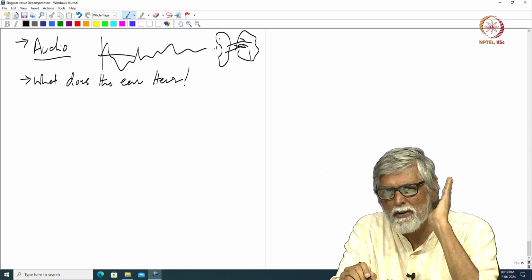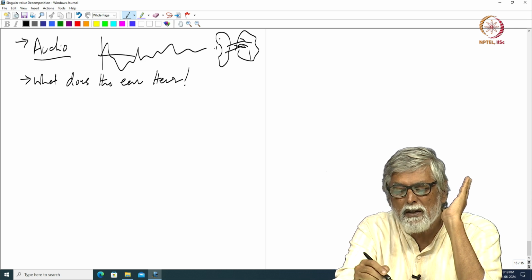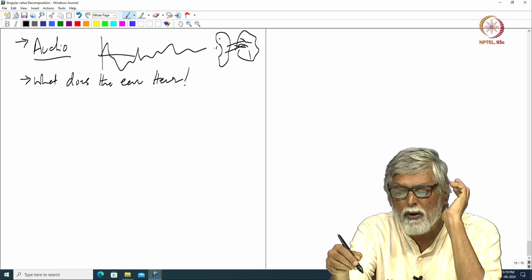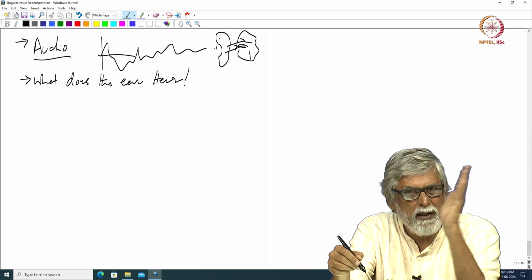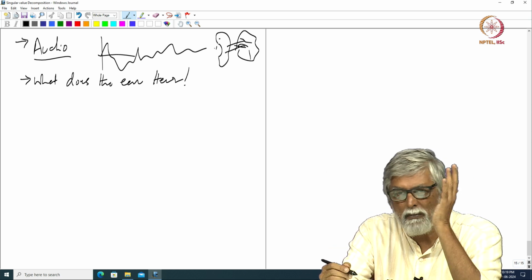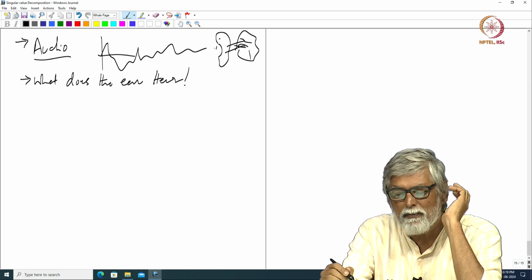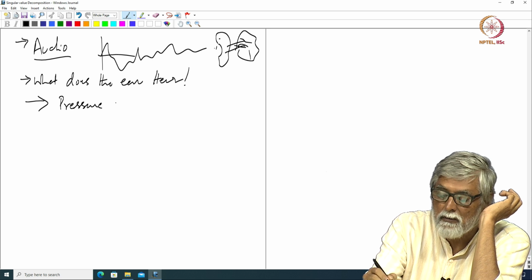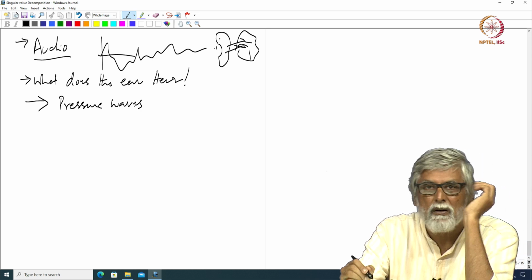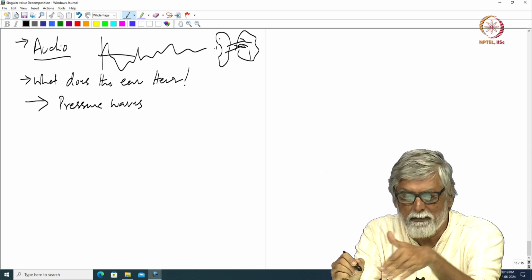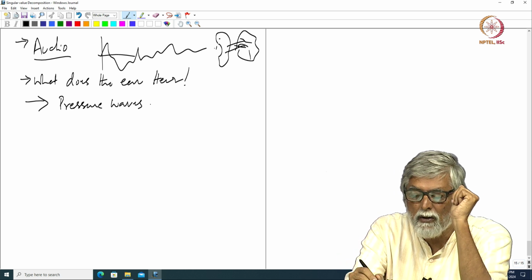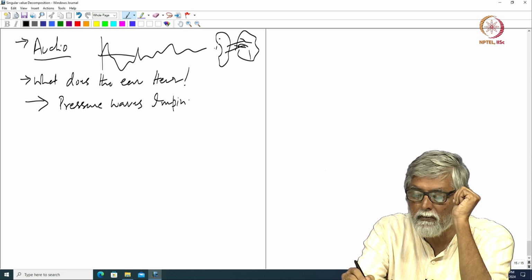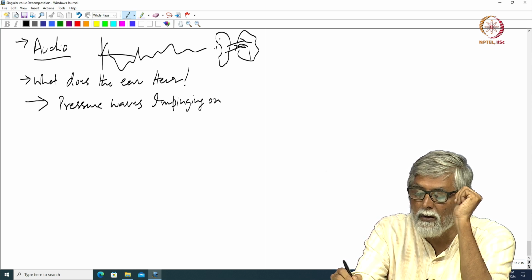The ear is a sensor. So when audio waveforms are put, they induce pressure waves in the air column that comes and hits the ear. So what the ear gets is pressure waves modulated according to the audio signal, pressure waves impinging on the eardrum.